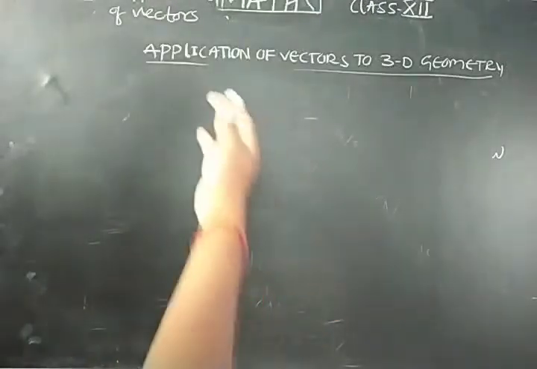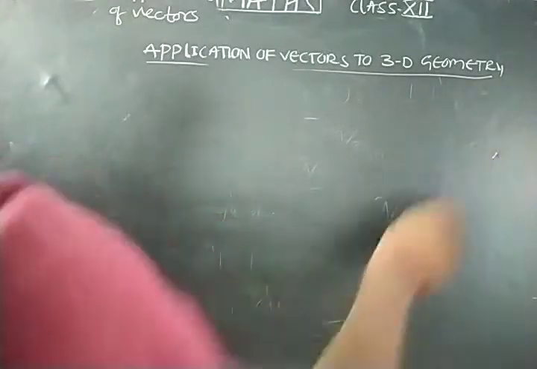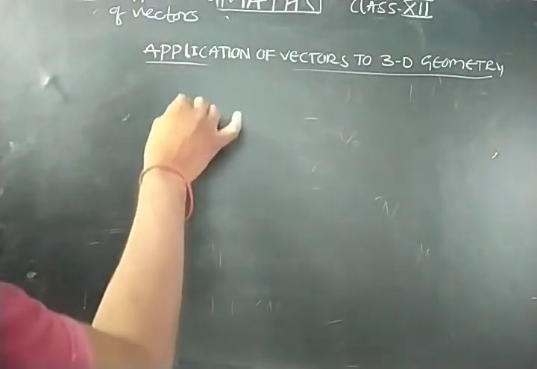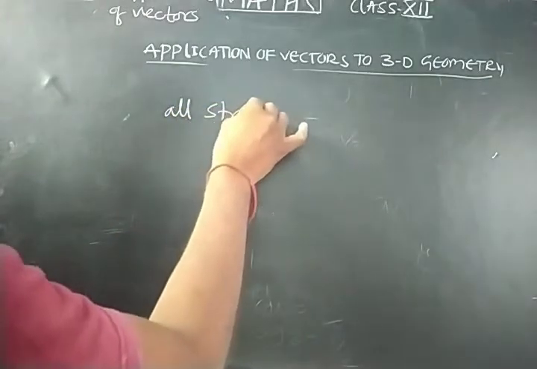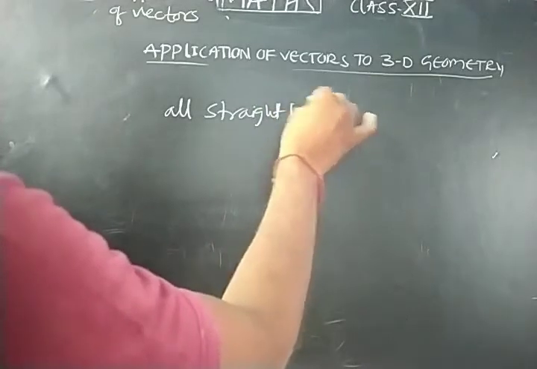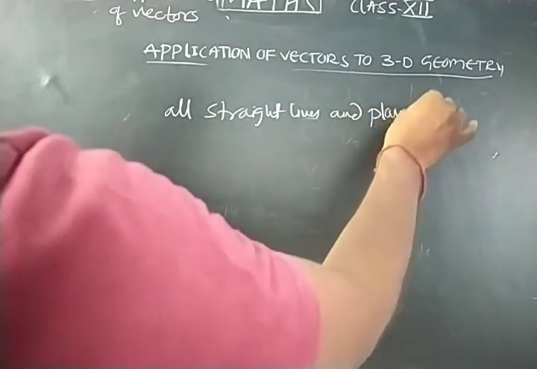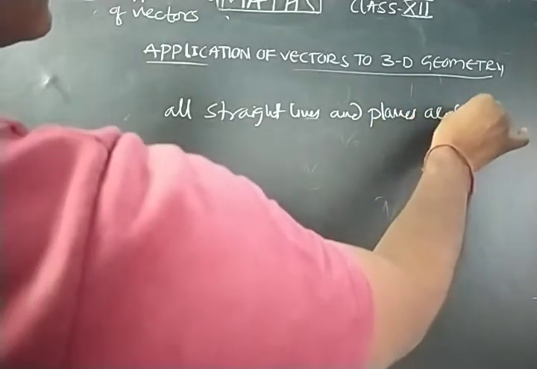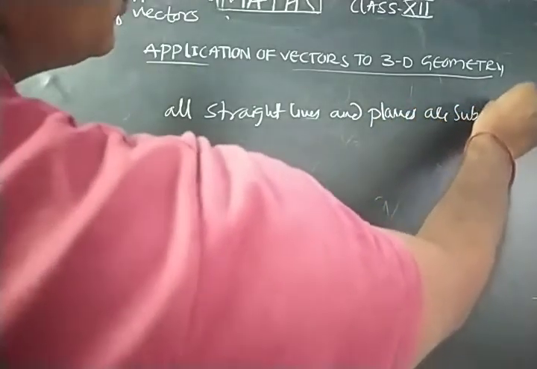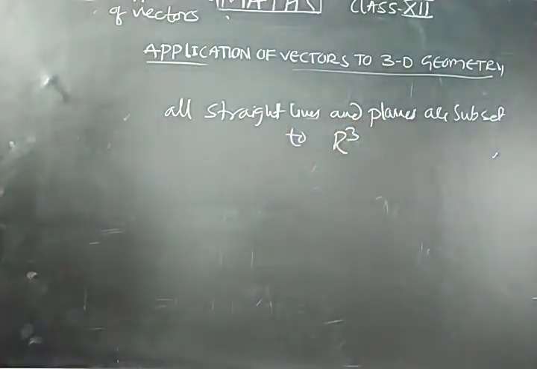Now let us discuss the application of vectors to 3D geometry. All straight lines and planes are subsets of R cube, which means 3D space.